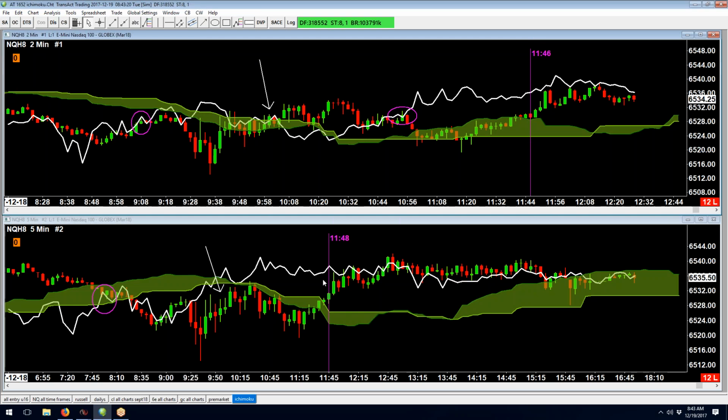And if you look at the 5-minute at the same time, this is where price was, here on these two bars, when we got the break of the cloud on that 2-minute chart. If you look back 26 periods, you'll see that the Chikou line was actually back here above the cloud and above price. So we're actually good to take this as a buy.